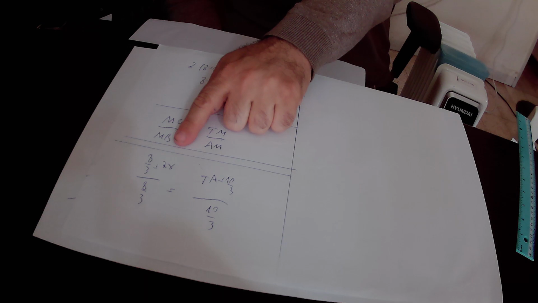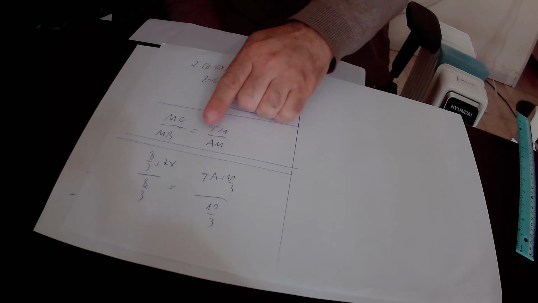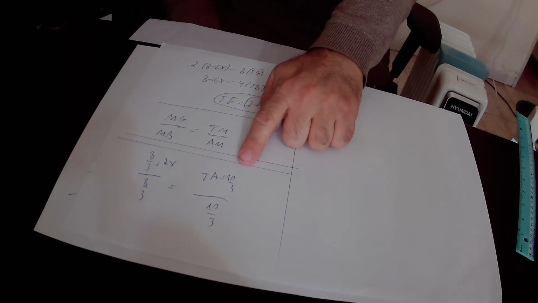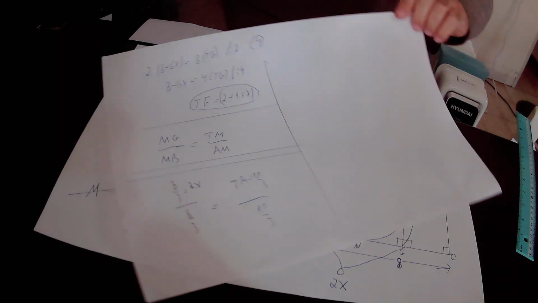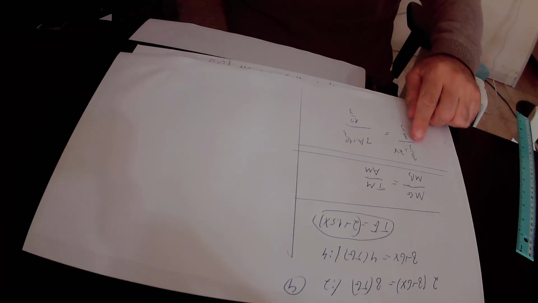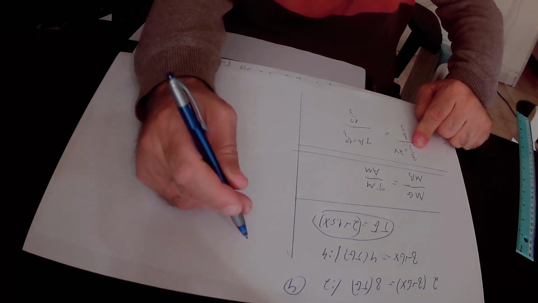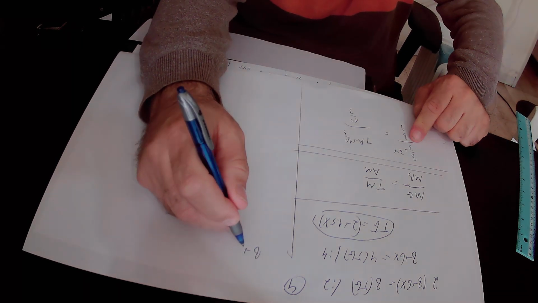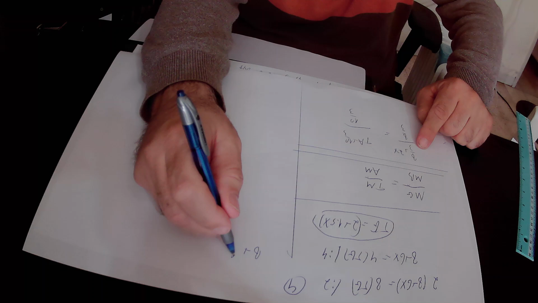Here we multiply 2x by 3 and then divide it by 3, and also we multiply TA by 3 and then divide it by 3. In the numerator we have 8 plus 2x times 3 is 6x.